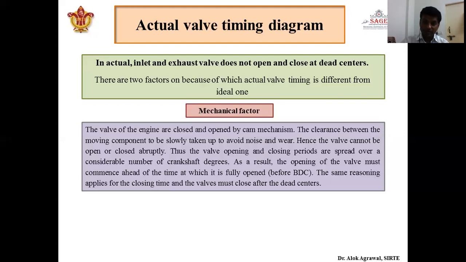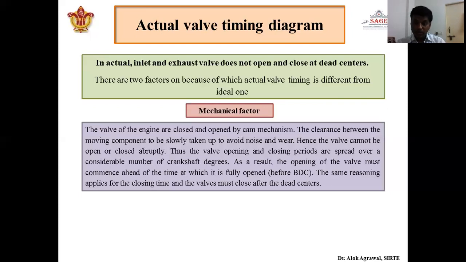So this is the mechanical factor because of which we cannot make the inlet valve open at TDC and the exhaust valve open at BDC. We have to start the exhaust valve opening before the piston reaches BDC so that at BDC the exhaust valve will be completely open, and when the piston starts moving from BDC to TDC there will not be any hindrance for exhaust gases to go outside the engine, and less power will be required at that time to vacate the combustion chamber of exhaust gases.